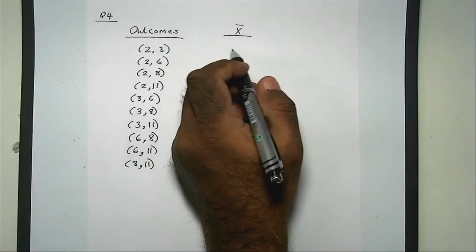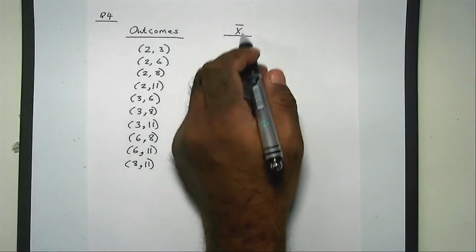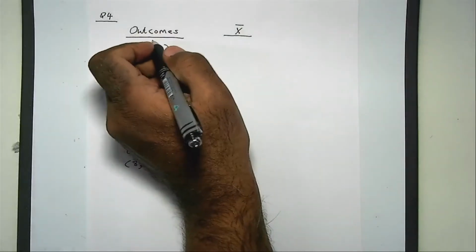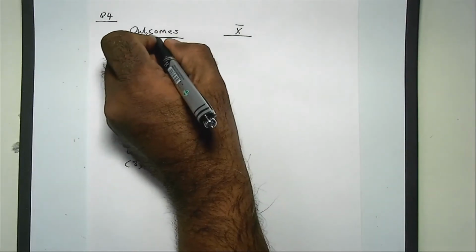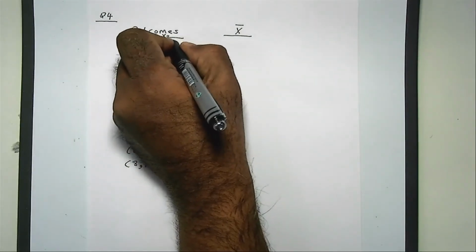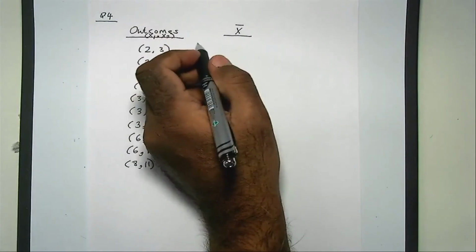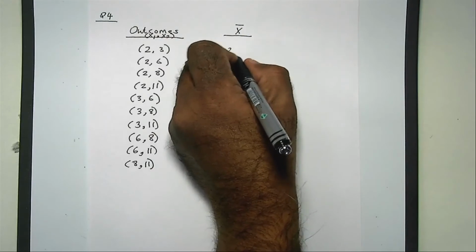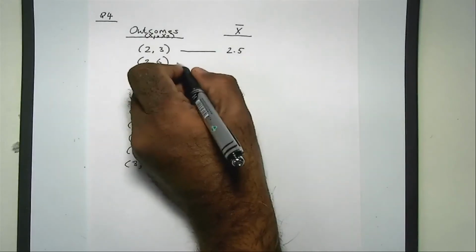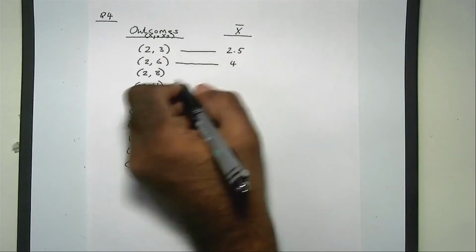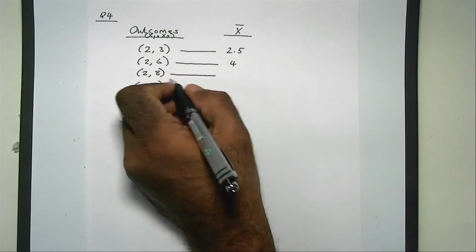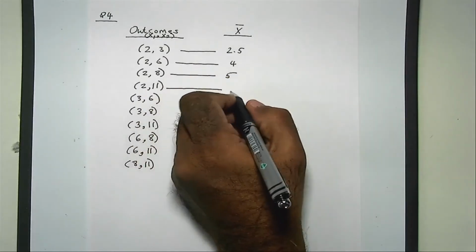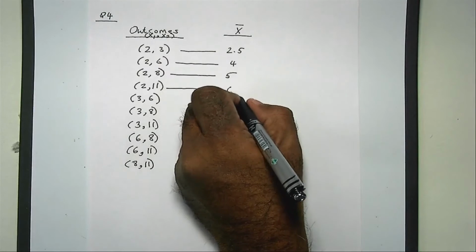Now let's compute the values of X bar. These are the outcomes for X1, X2, and X bar is the average of X1 and X2. So for 2, 3 it will be 2.5. For 2, 6 it is 4. For 2, 8 it will be 5. For 2, 11 it is 6.5.